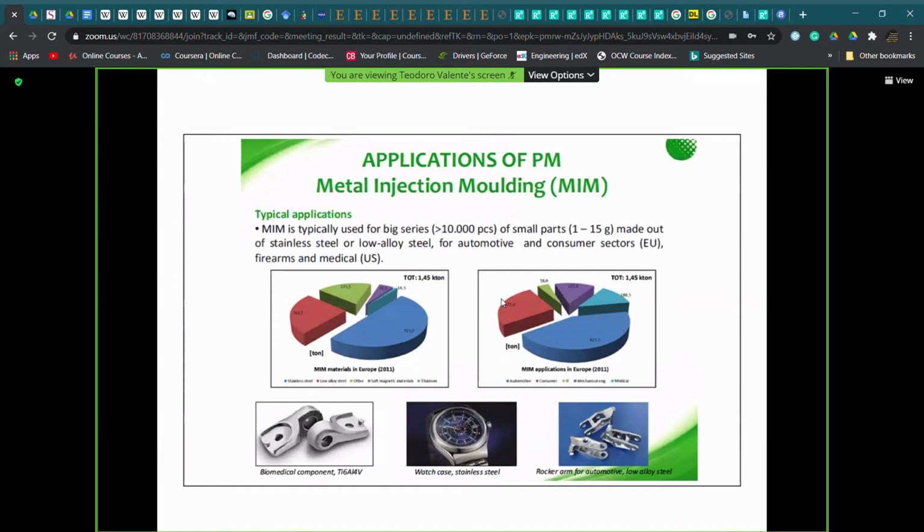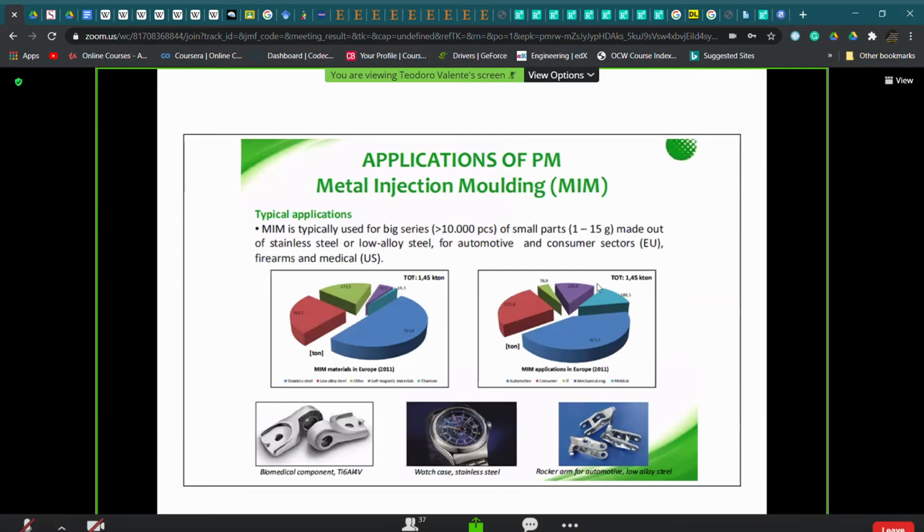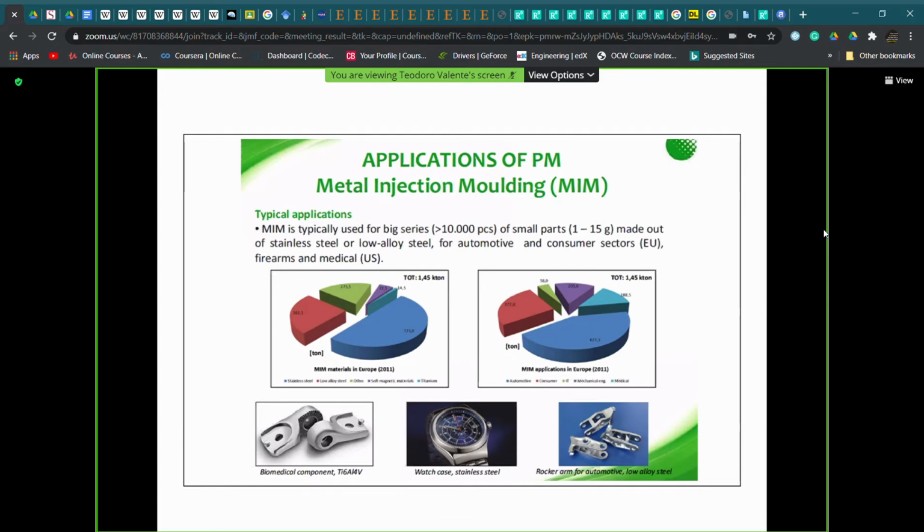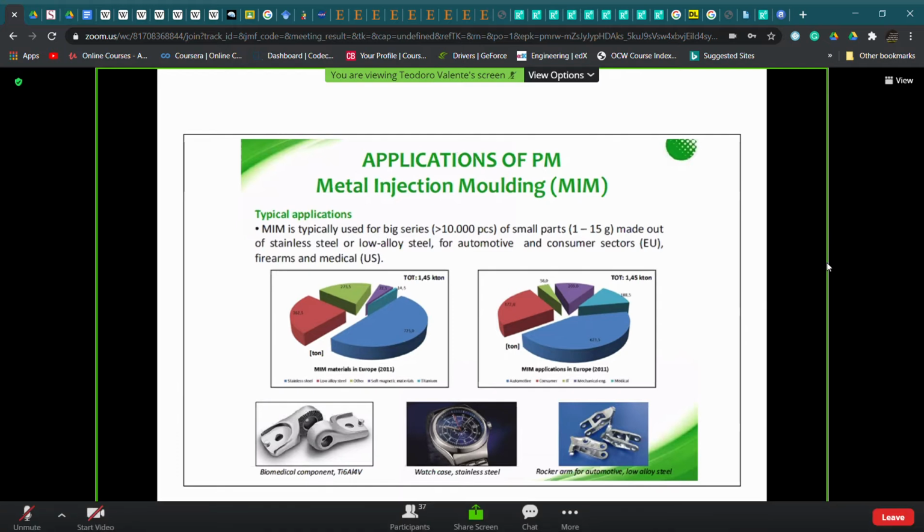Here you have some examples. For example, the watch case made by stainless steel is made by MIM. There are also other applications like those based on titanium alloys. Here it is mentioned the titanium 6% aluminum, 4% vanadium, which is a biocompatible material.